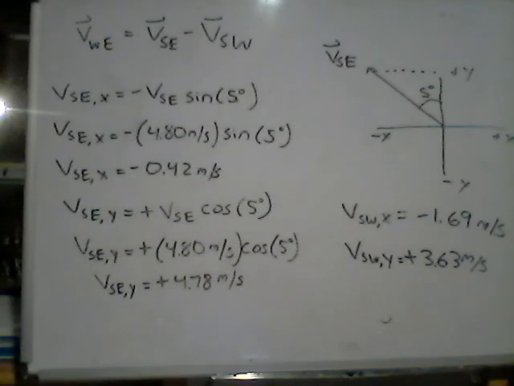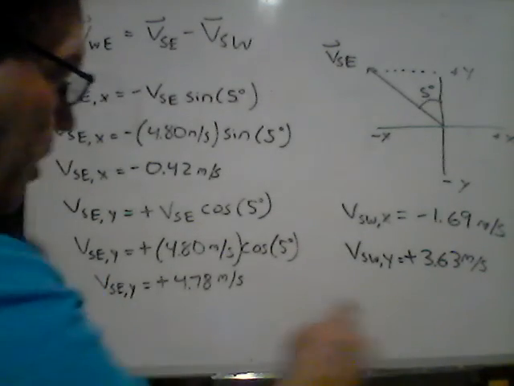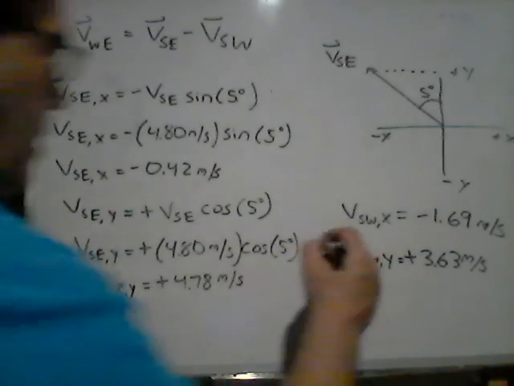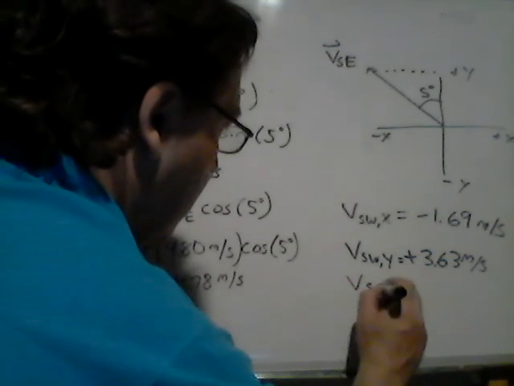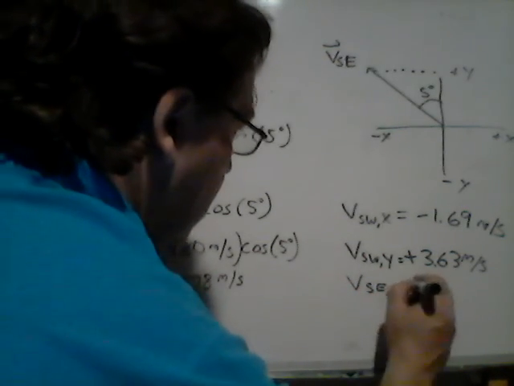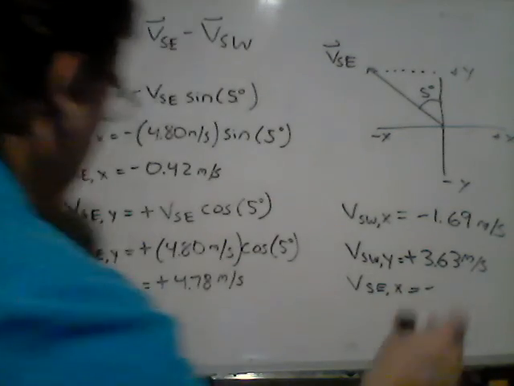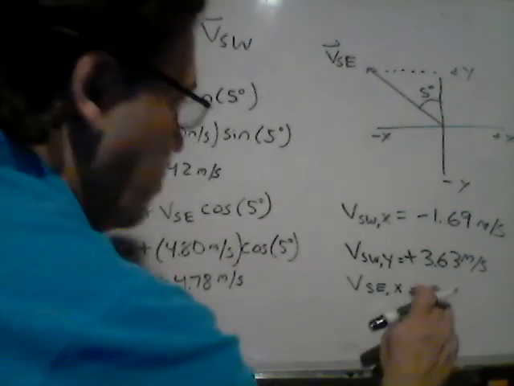All right, so what I now have is everything that I need. I've calculated the components, so now we'll see if we can collect these other ones here. So what did I say? V sub SE sub X is negative 0.42 meters per second.